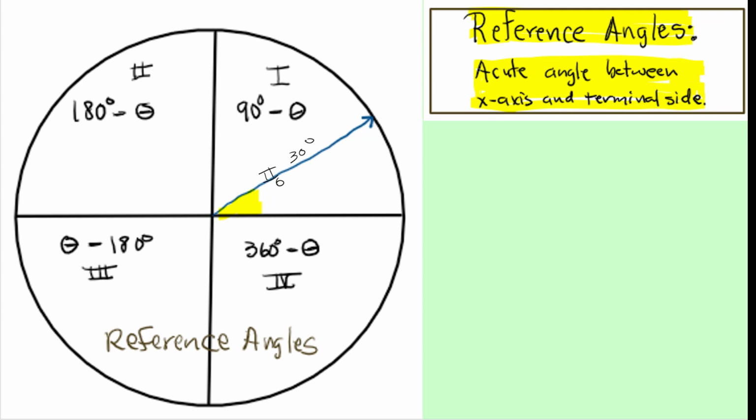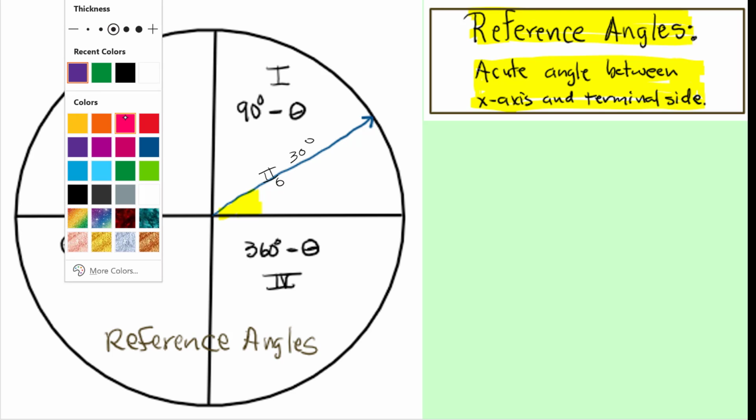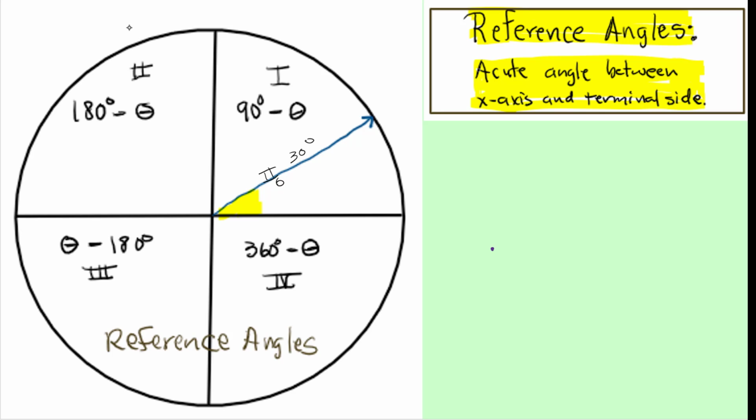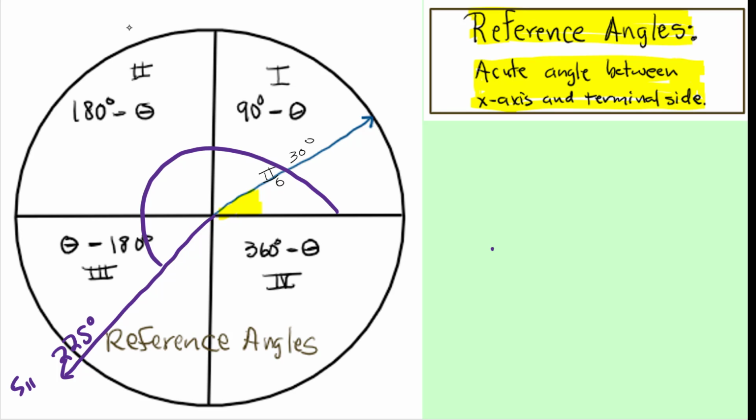So reference angles are acute angles between the x-axis and a terminal side. So I'm going to show you something, because it really can get a little bit confusing. So let's say I go all the way to here. Well, all the way to here is 225 degrees, or 5 pi fourths.